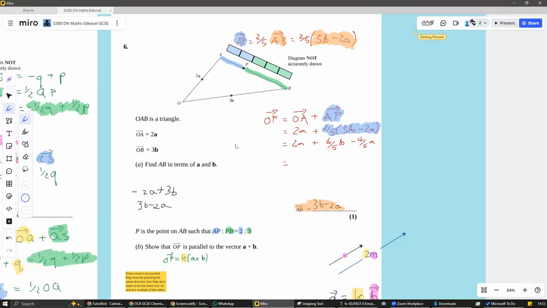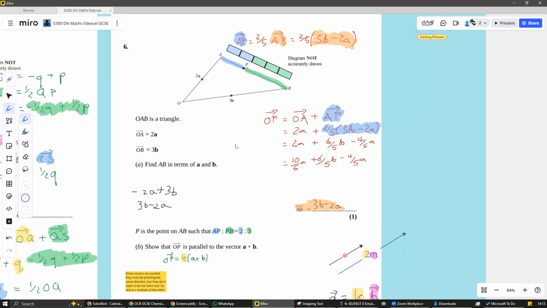So we're going to try to collect the terms together. So 2a minus 4/5 a. Well, to collect that, we need to turn 2 into a number of fifths. So 2 is the same as 10/5. So 10/5 a plus 6 over 5b minus 4 over 5a. Let me just check I'm doing this right.